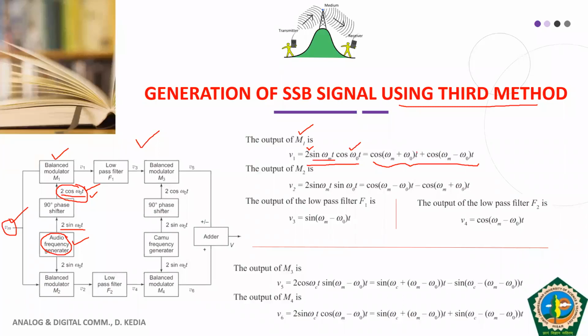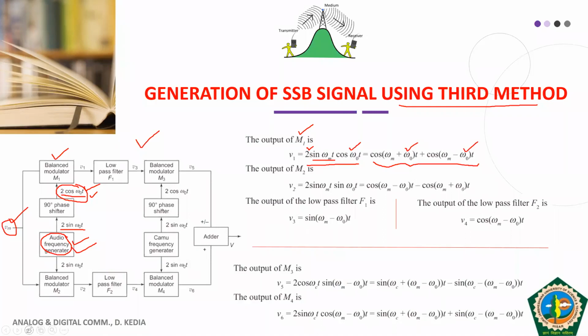I hope you can see that this ω0 is the audio frequency carrier, not the RF frequency. So we have got an upper sideband and a lower sideband, but these are not the sidebands we actually wanted. That will come in the second stage. That was the output of balance modulator 1.